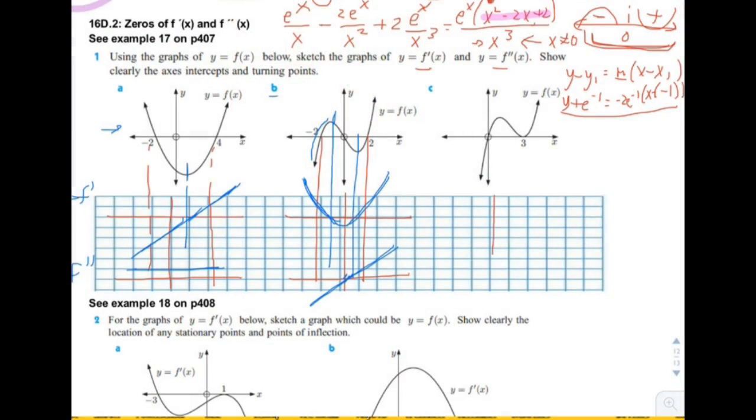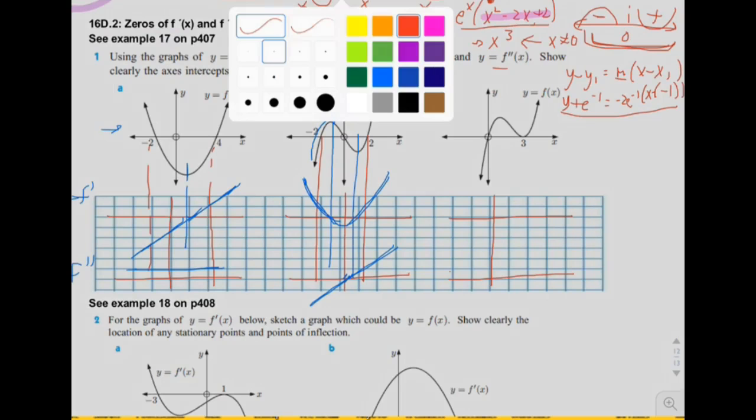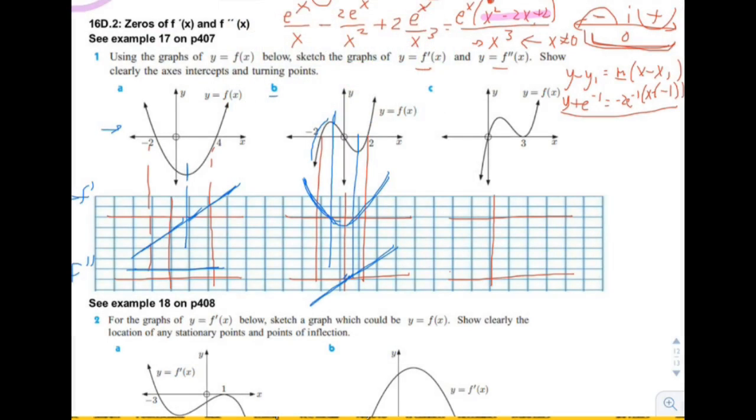Here it's a positive slope until it gets to here, and then it's negative for a while, and then it's positive again. So again, we have another parabola.